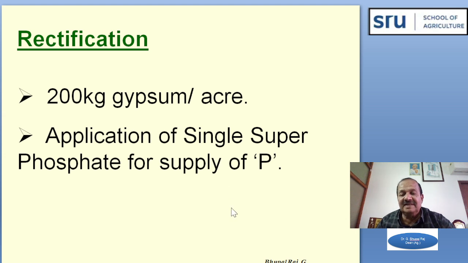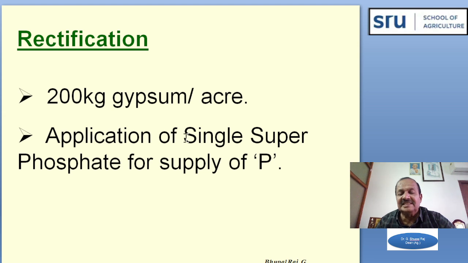So single superphosphate is a very important phosphorus source, because it contains about 23% calcium, in addition to the regular 16%. Single superphosphate is the source of the phosphorus.